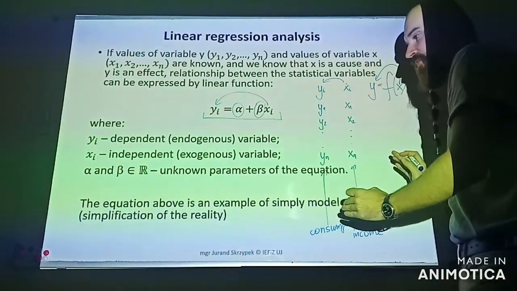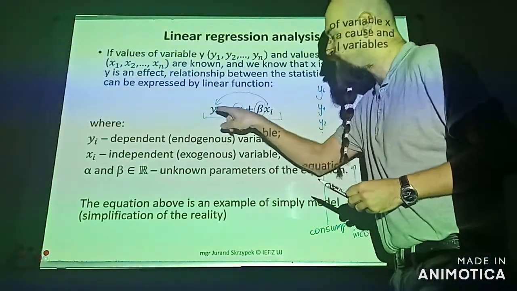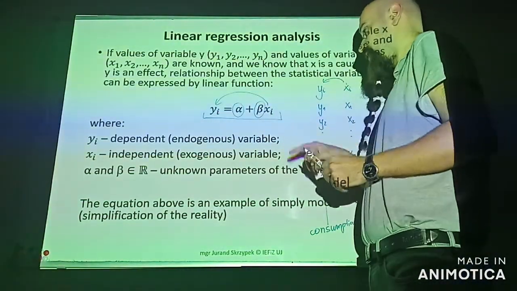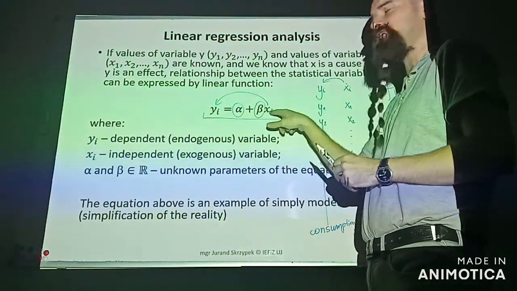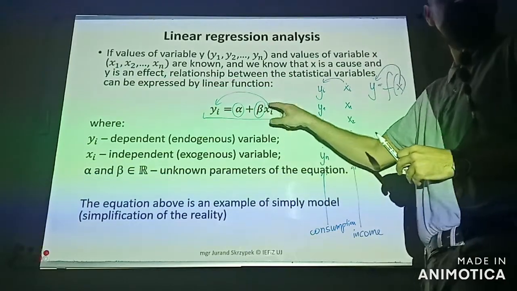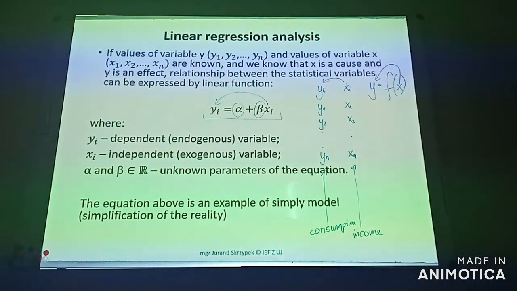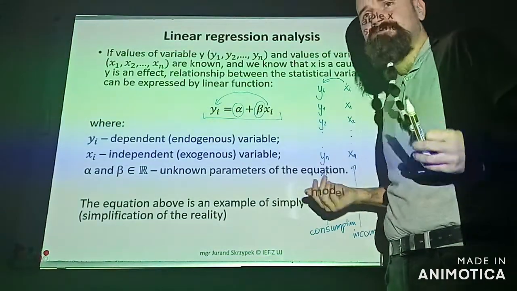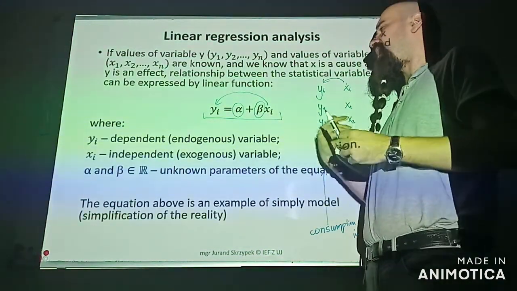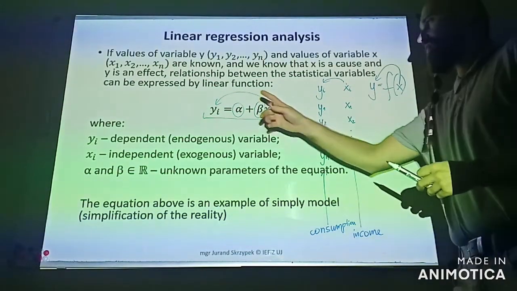This is the simplification of the reality because we assume that the only factor that has an influence on consumption is income. So this is the simplification of the reality, because we know that many factors may have an influence on consumption.